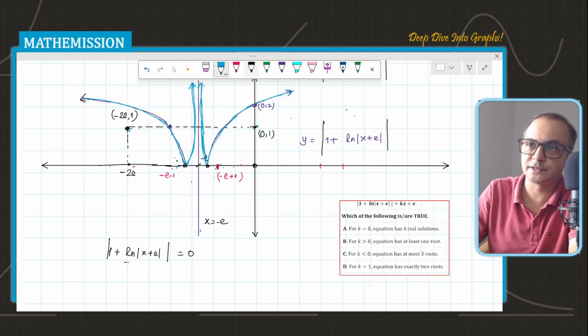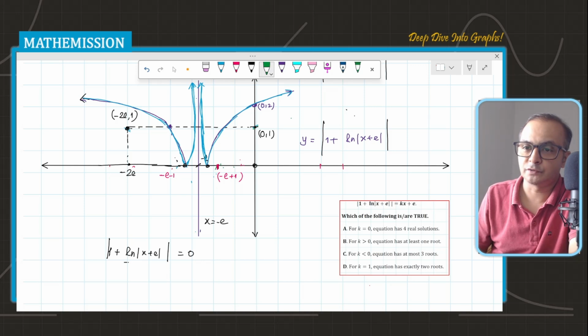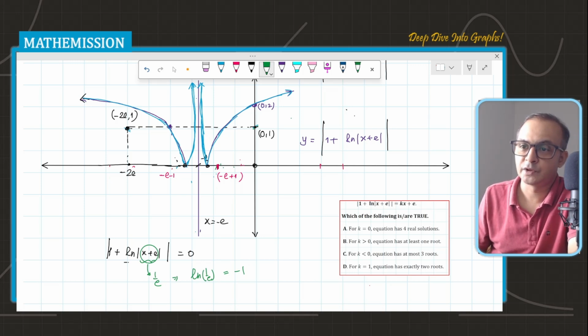When the input is 1 by e, because ln of 1 by e becomes -1. It means I need x such that x plus e is 1 by e. So I'm going to substitute x equals minus e plus 1 by e.